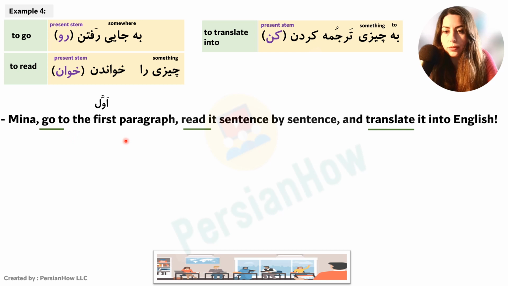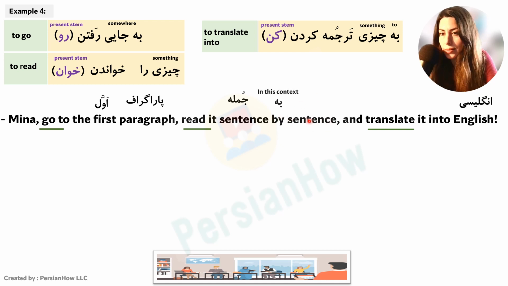So let's go over the vocab. So first is اول. Paragraph is پاراگراف. Sentence is جمله. And then in English, we say sentence by sentence. In Farsi, we say sentence to sentence. So be here is only translated to be in this context. By is a very common preposition in English, and depending on the context, it can be translated into different things in Farsi.